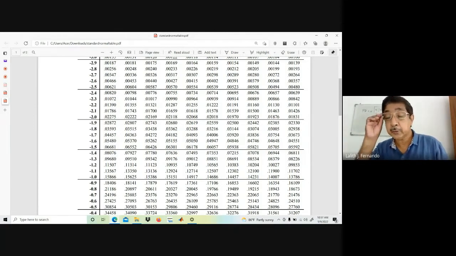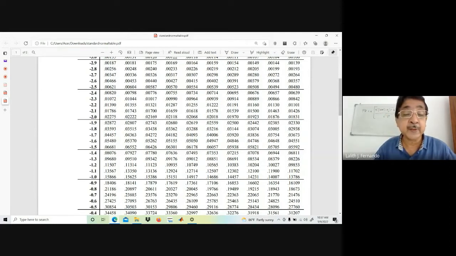So then what you have to do is divide 0.00027 by 0.00174. That comes as 0.155.